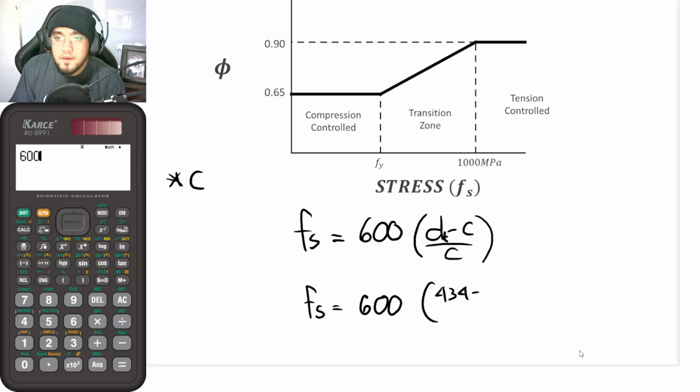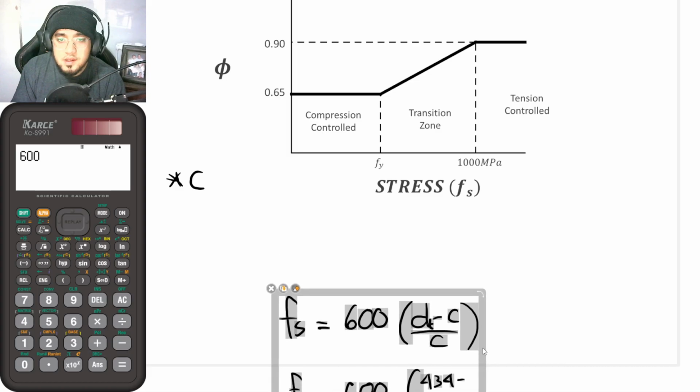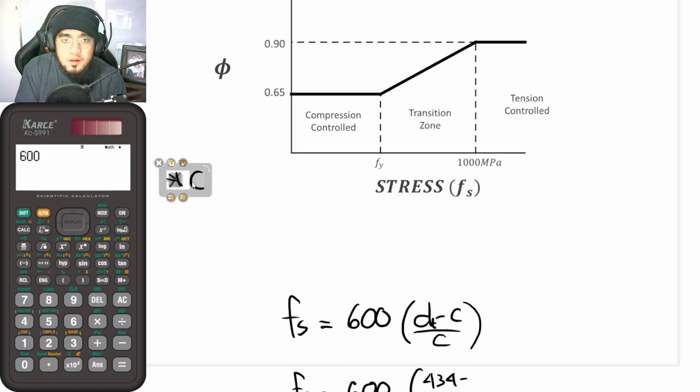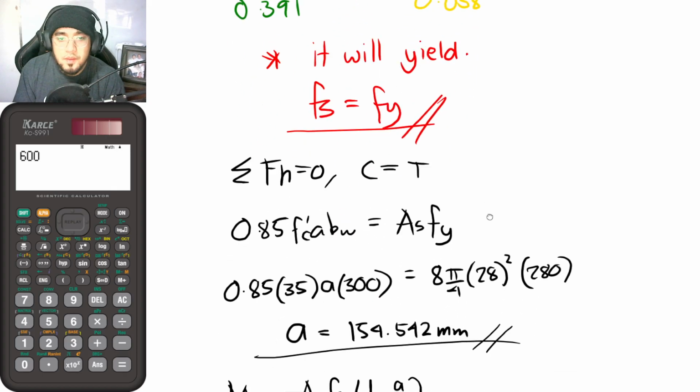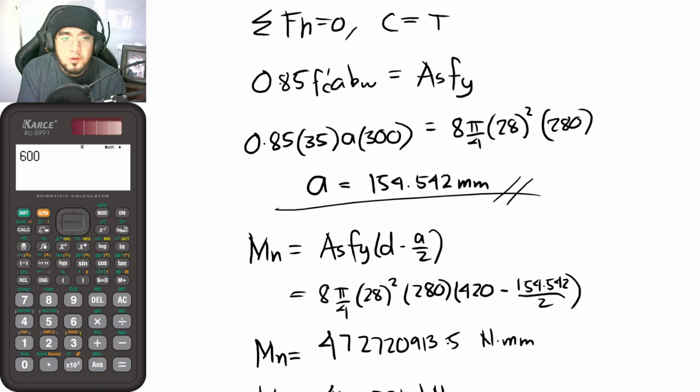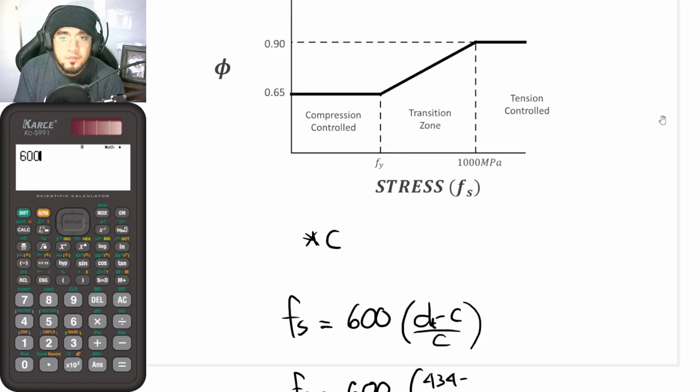So for the value of c, I would just be moving this downwards here. It is now dependent upon the value of a, 154.542. So c is basically equal to a over beta 1.